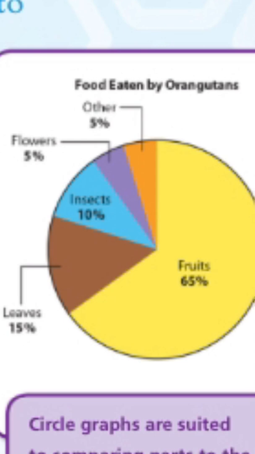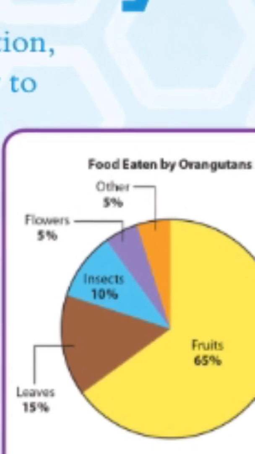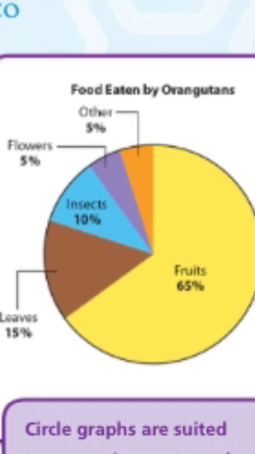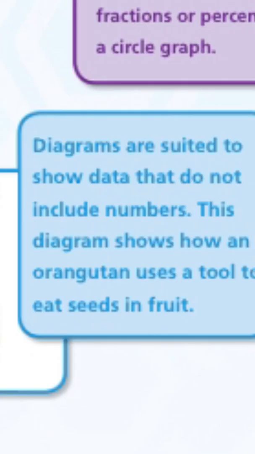For example, oxygen exists inside the air with 21%, nitrogen with 78%. I want you to try to draw a circle graph about the atmosphere. Now let's see the next part.